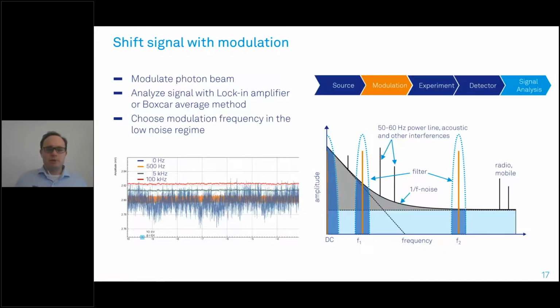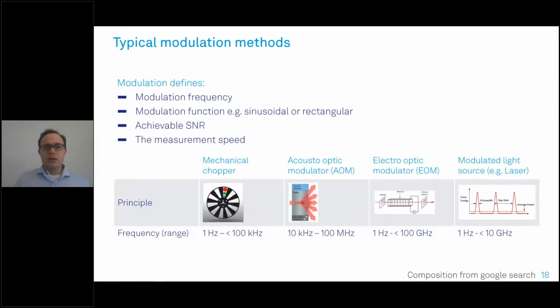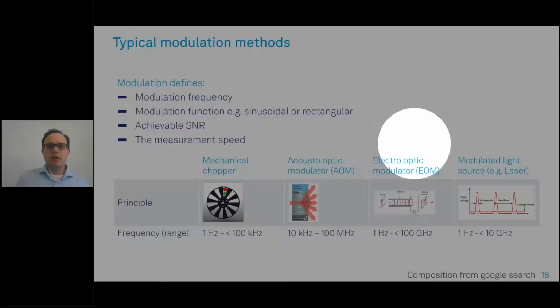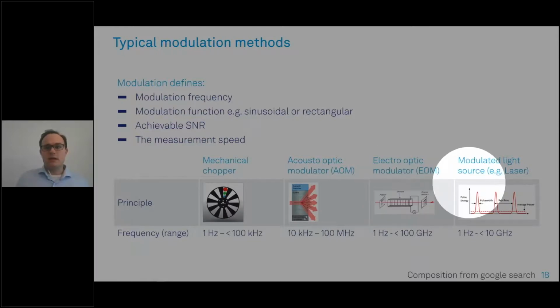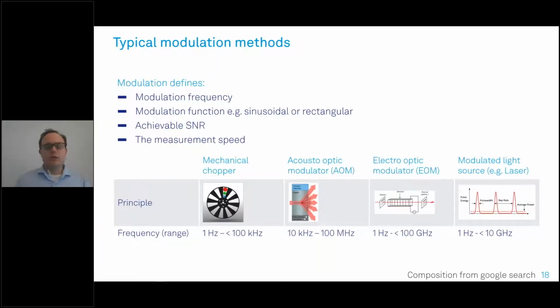How do we do the modulation? Of course, there are different typical methods. We have, for example, a chopper wheel, acoustic optic modulators, and electro-optic modulators. In the end, we also have already modulated light sources, for example, pulsed lasers. What the modulation defines is the modulation frequency, which we mentioned at the beginning, but it also defines the modulation function.